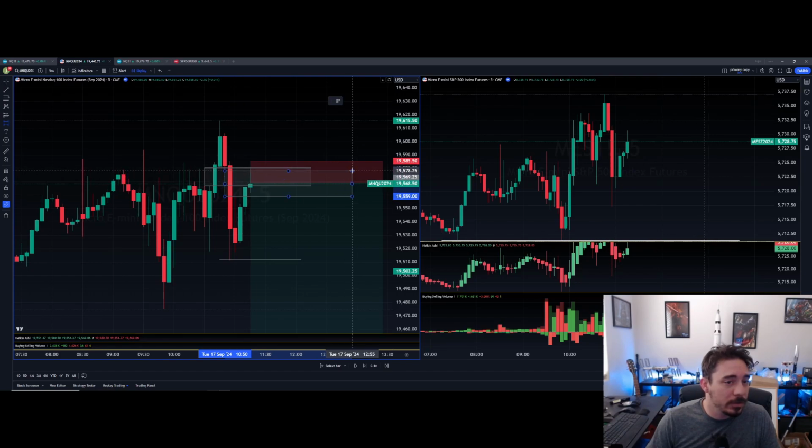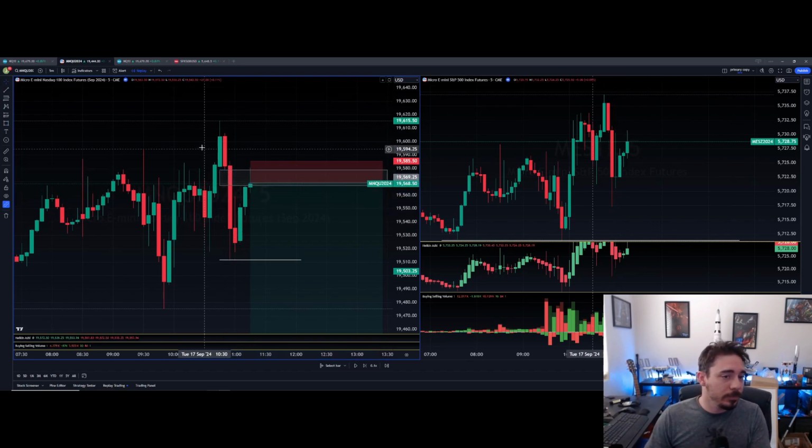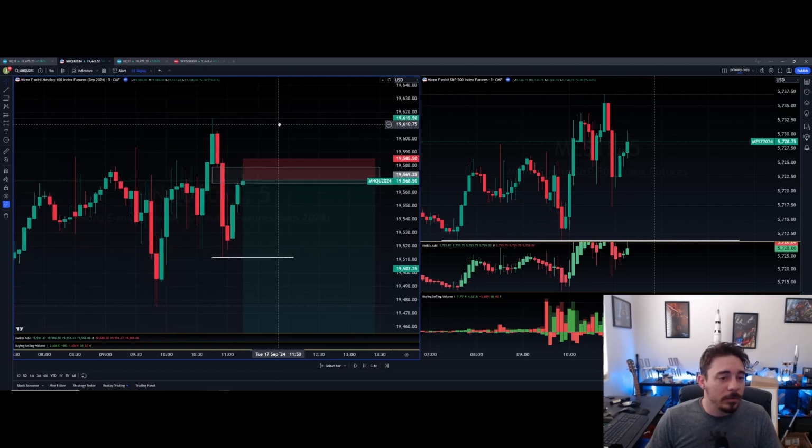Right there. Right about there. Right, and so that creates this overlap. Now, when you have an overlap like this of gaps, this is going to be an extremely strong magnet for price. Right there. So this is what I'm targeting.